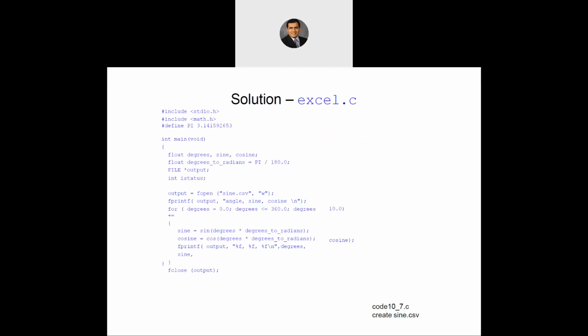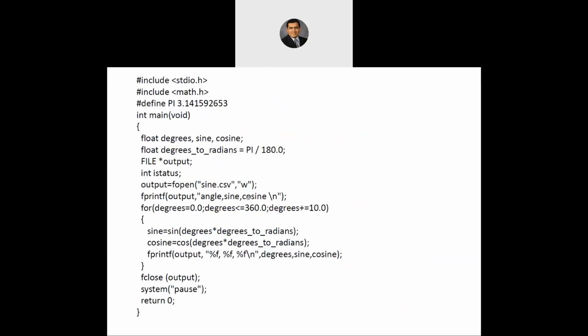Now look at this program. In this program, what I'm creating is a file known as sign.csv. That means I want to generate a spreadsheet file. Let's look at the details of this program, okay? I create 3 variables, degrees, sine, and cosine. Another variable, degrees to radians, divide pi by 180.